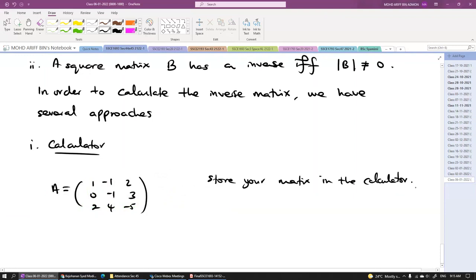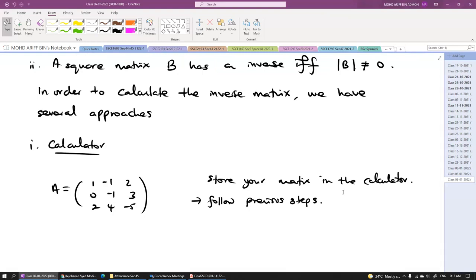Since we already stored our matrix, I just want to call it back. Still over here. So follow the previous steps for the determinant, on how to store the matrix. Let's say we have our matrix inside our calculator.